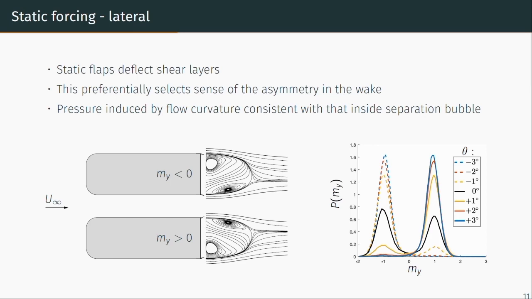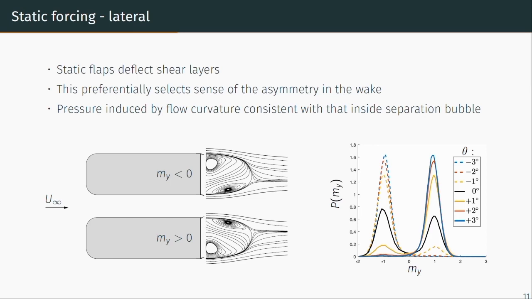If theta equals 0, we have this bistable wake, so the pressure gradient flips between, let's say, equal time in a positive or a negative pressure gradient configuration. And as we skew the flaps one way or another, we preferentially select going towards one or the other configuration.